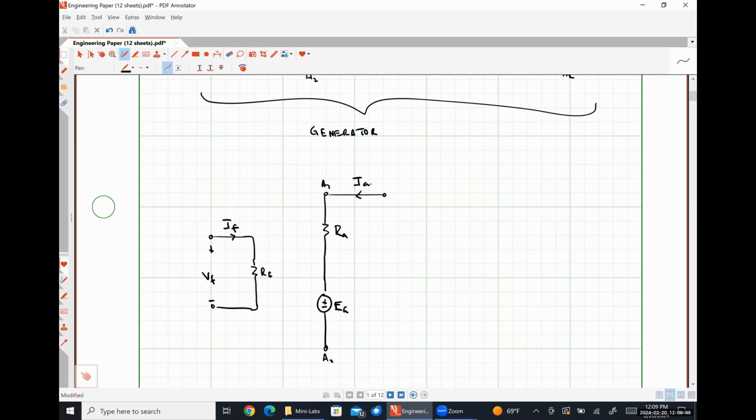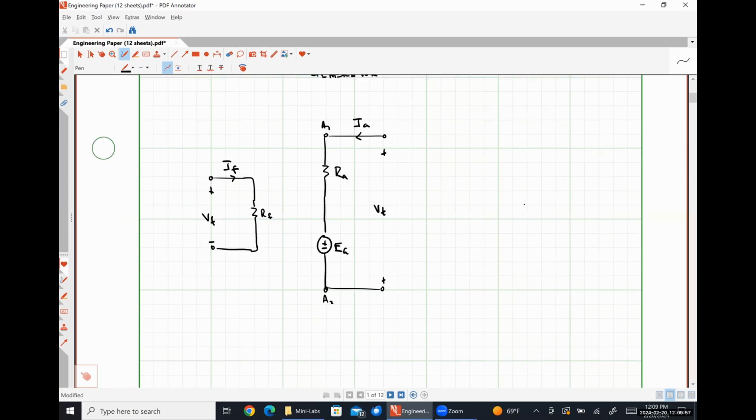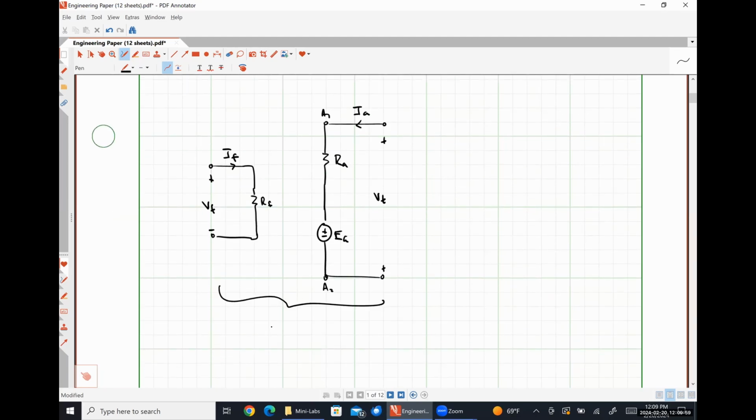Our armature current is flowing in. And here is our terminal voltage. This is our motor representation, and just to be ludicrously clear about it, the only difference is the direction of current flow in the armature between these two equivalent circuits.